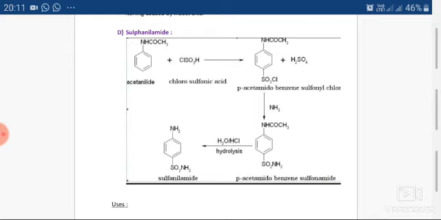Now in this reaction, what is happening? One of the hydrogen atoms of acetanilide, which is present at para position of the amide group, has been replaced by the chlorosulfonyl group, and there is loss of H2SO4, that is sulfuric acid.